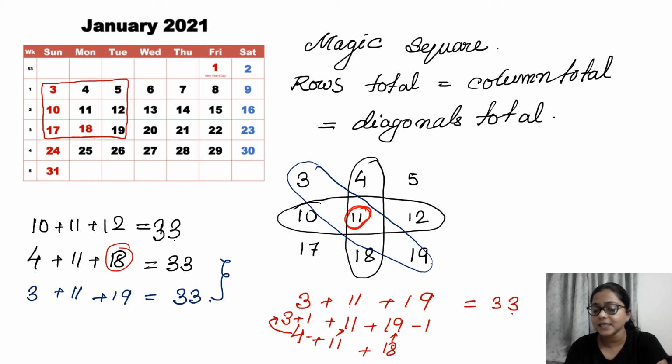And 18 we get by subtracting 1 from 19. So in the total sum we add 1 and then subtract 1. That's why we get the same sum, 33. Similarly, we can explain the other sums. Like this we get the same sum for the magic square.